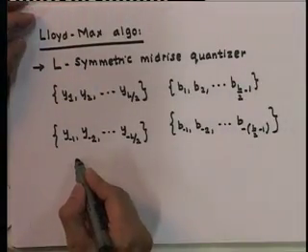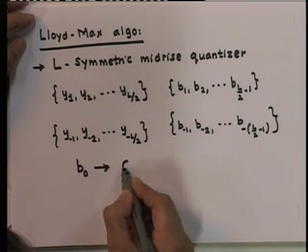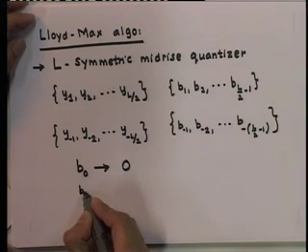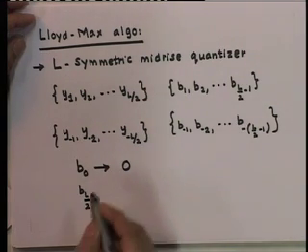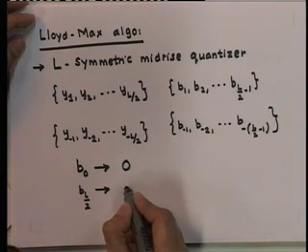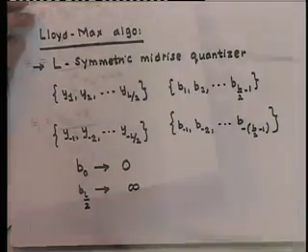The decision boundary b0 is 0 and the decision boundary b L by 2 is simply the largest value the input can take, and for the unbounded input this would be infinity.